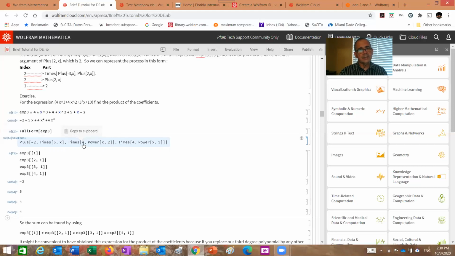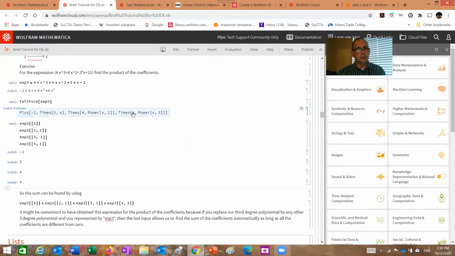Notice that 4 is the first argument of these times here, and power of x comma 2 is the second argument. So it's going to pick the first one, which is the coefficient, and for the last one it is going to do the same thing. It means exp3 double bracket 4,1, and then it is going to pick the coefficient.